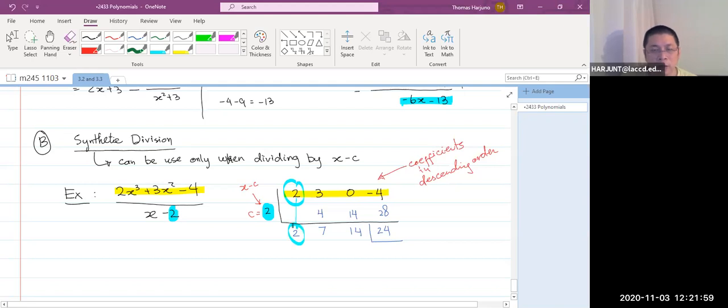Then the procedure will be this guy multiplied by that, put it here. And then you add. You add, multiply by 2, put it here. And then you add, multiply by 2, put it there. And then you add.